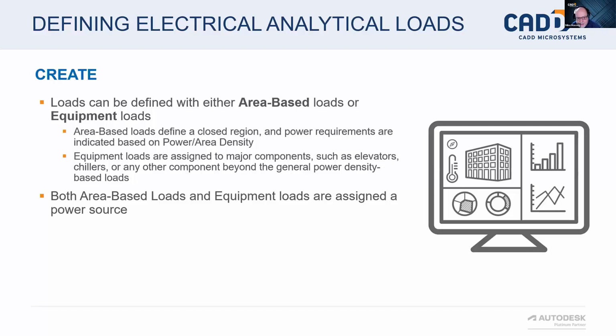And then the last step is, once we have the area-based loads created and the equipment loads, we'll go back and assign those loads to a power source, either to a panel or to something as far as where that load's coming from. But before we can do that, we'll first have to create that distribution system, so we have some panels to connect these loads to. But we'll go back and do that after we have that distribution system created.